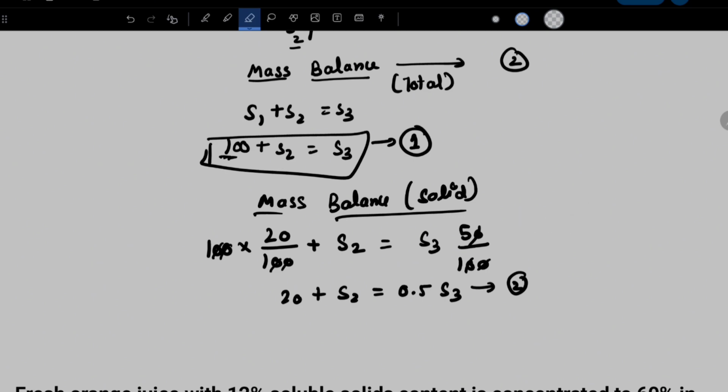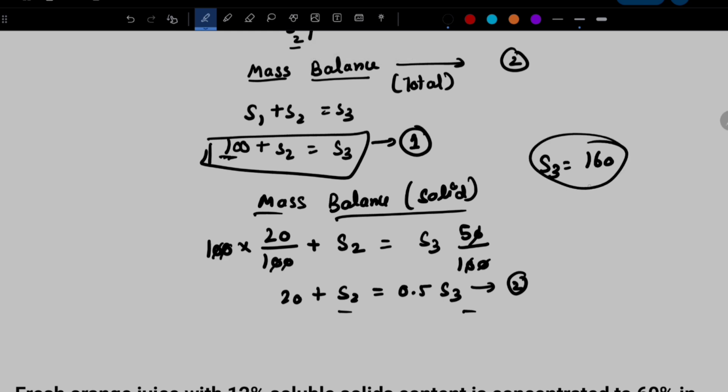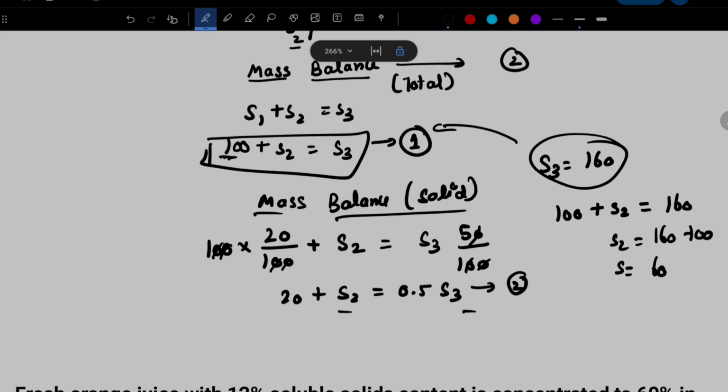So I have two equations and two variables, so I can solve these two equations. I can substitute and get S3. Once I get S3, the answer is actually 160. Applying that to S1, 100 plus S2 is equal to 160, so S2 is equal to 160 minus 100, and S2 is equal to 60.